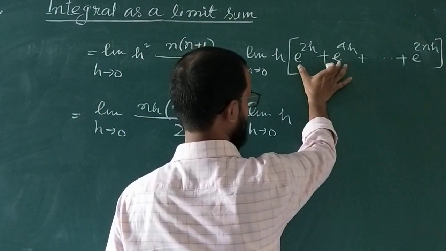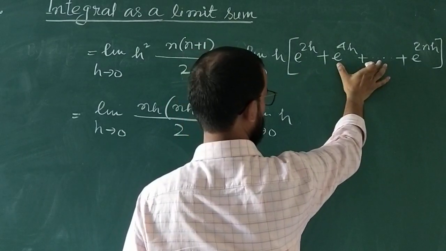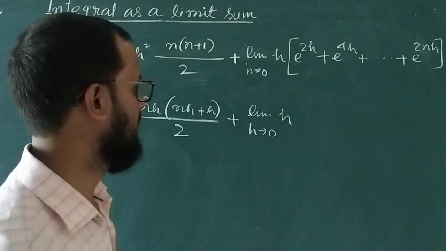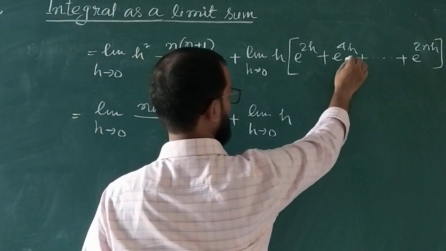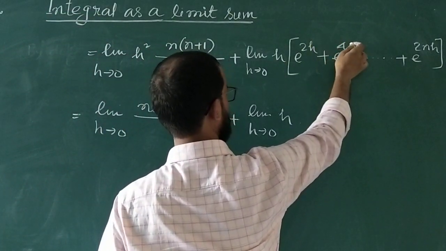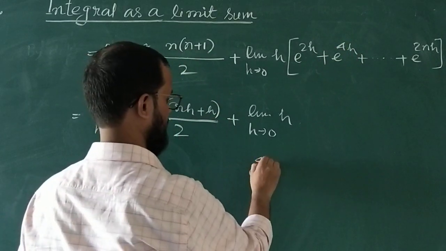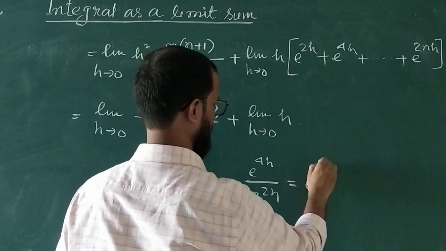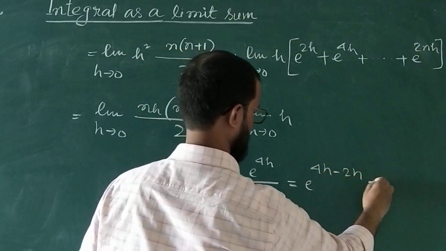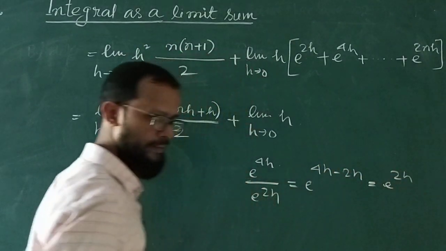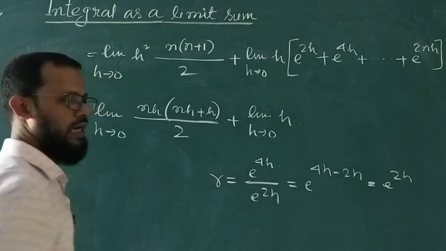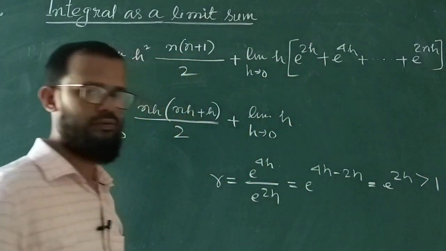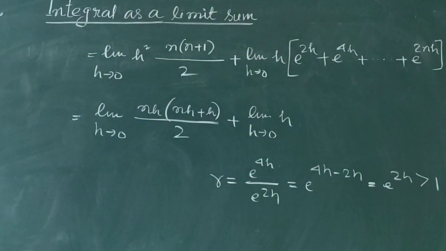If you take the ratio between these two, then between the next two, then the next two, if it is always the same, then it is a geometric progression. So the ratio between this and that, how to find the ratio? e to the power 4h divided by e to the power 2h, and it will be e to the power 4h minus 2h, equal to e to the power 2h. So this is your ratio r, it is denoted by r, and e to the power 2h is always greater than 1.